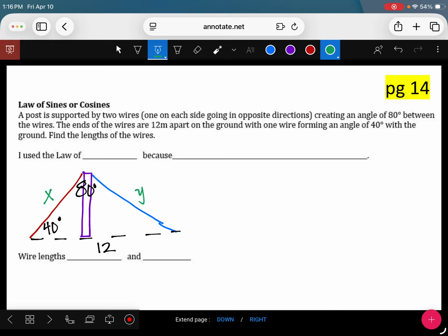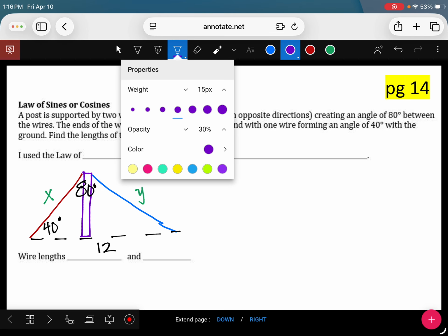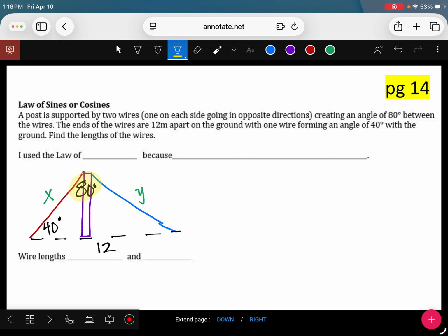What y'all think? Law of sines, because we have our opposite. I know that across from the 80-degree angle is 12 meters. So I have my pair. This is my opposite pair.